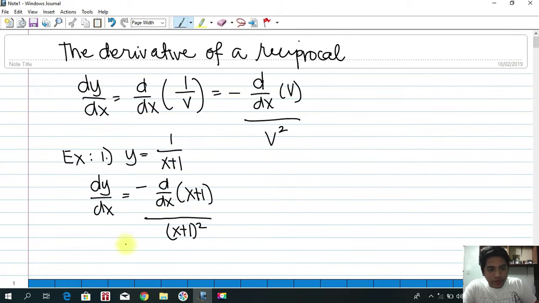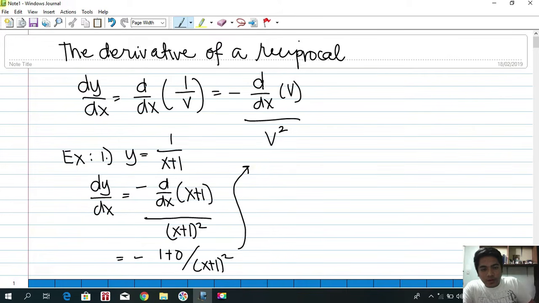Okay? In order to simplify that, we need to get the derivative of this. So the derivative of x is actually 1, and the derivative of 1 is 0, since that is constant, and that is divided by x plus 1 squared. And for our answer, we can say that the derivative of y with respect to x of this function is actually equal to negative 1 over x plus 1 squared.